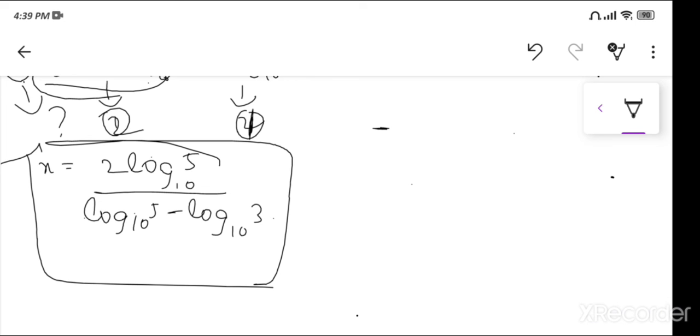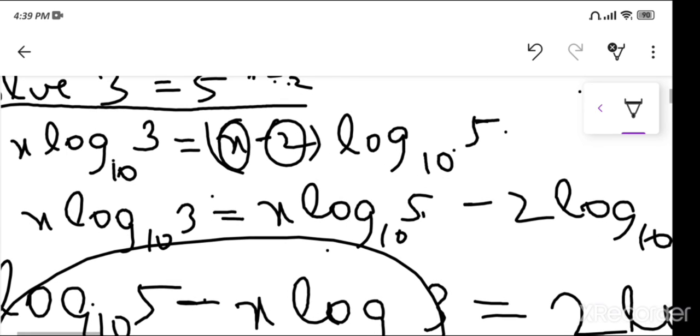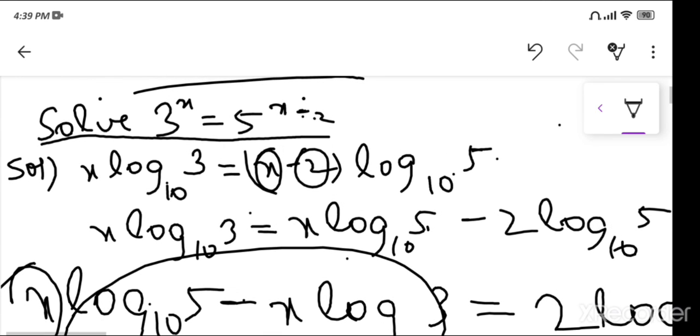If you guys didn't understand, I'm going to explain one more time. Alright, the power becomes the main value, and you take the log of each side, because as we are solving with logarithms and in the question there's no log, you need to take x log 3 to the base 10, because there's no base. You need to take that as 10.